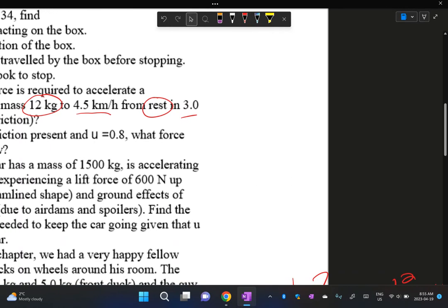So the first thing I have to do here is find the acceleration. V1 is 0. Time is 3.0 seconds. And once again, they've given me a speed or a velocity in kilometers per hour. So I have to convert that to meters per second by dividing it by 3.6.